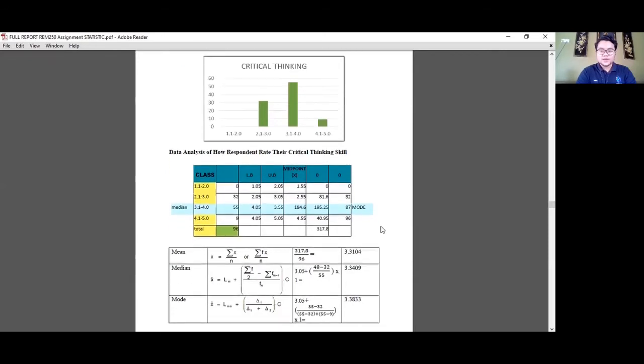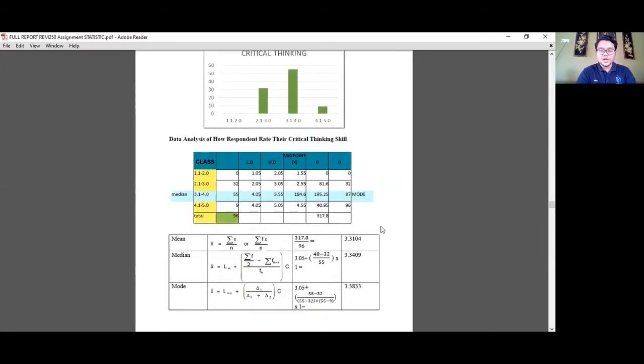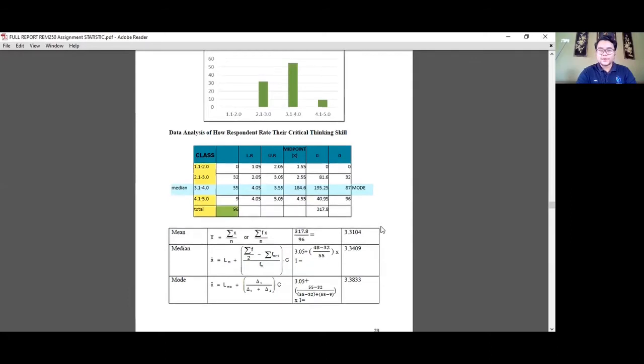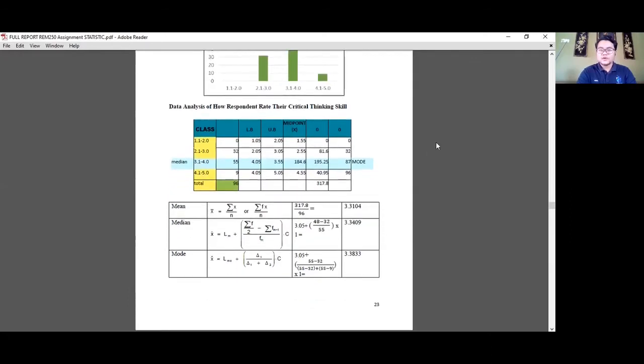Using the formula of the mean, we get 3.3104, and for the median we get 3.3409, and for the mode we get 3.3833.